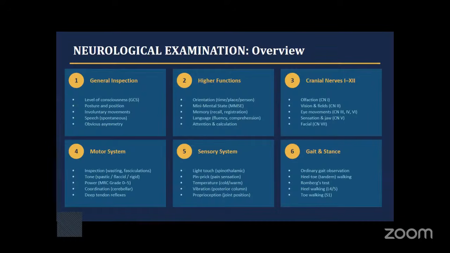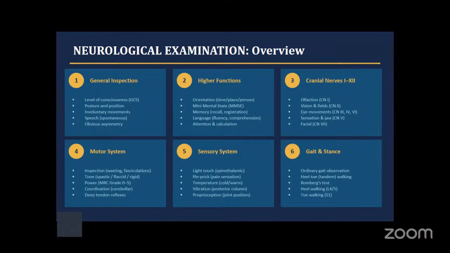So for neurologic examination, as always, our examinations will start with general inspection. So the patient's status before you even speak to them. Then assessing for the level of consciousness, we will use the GCS, posture and position of the patient, if they have any involuntary movements.